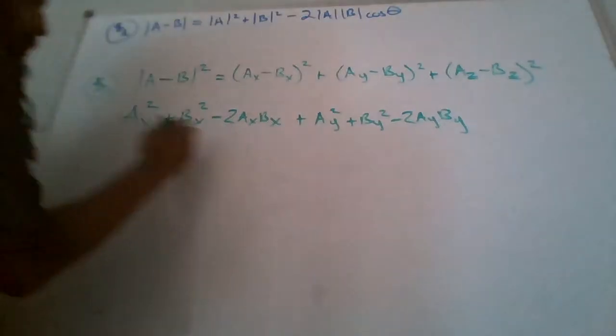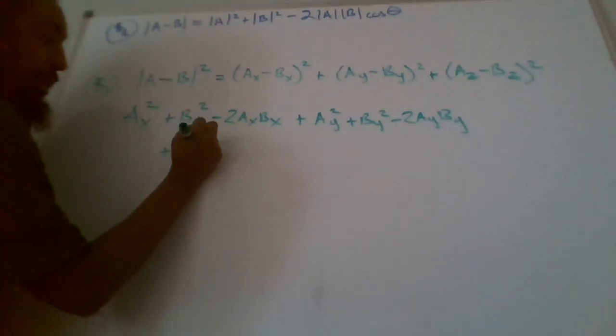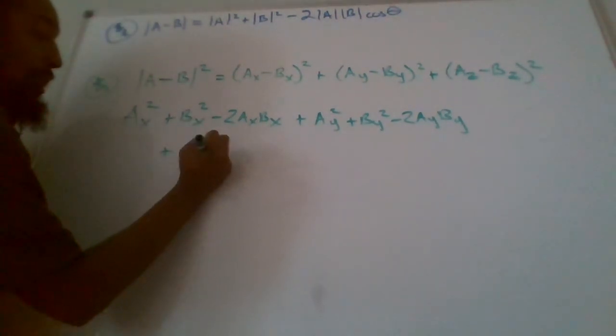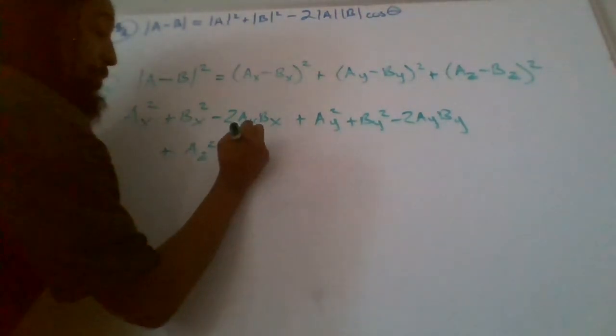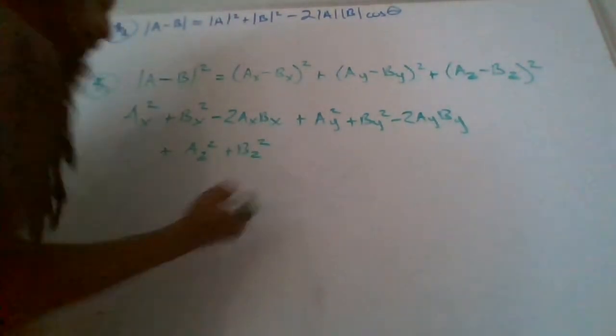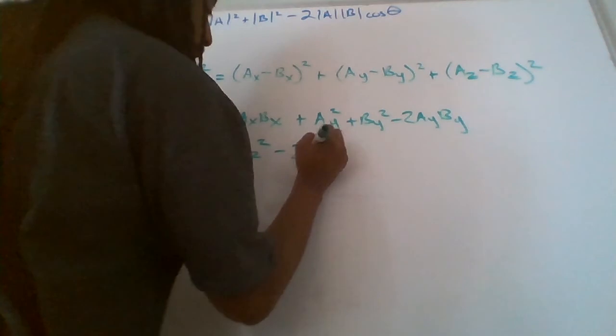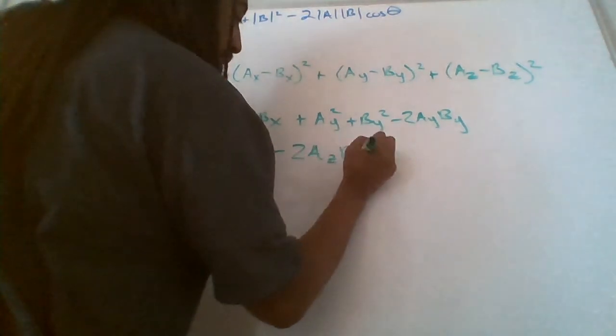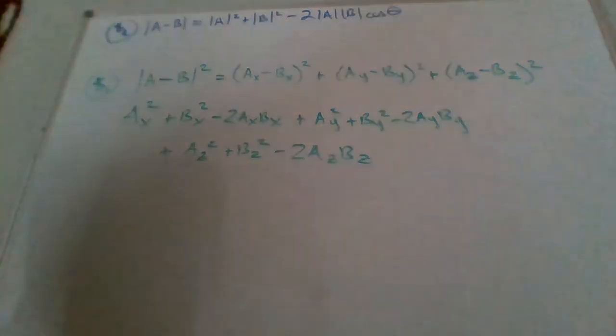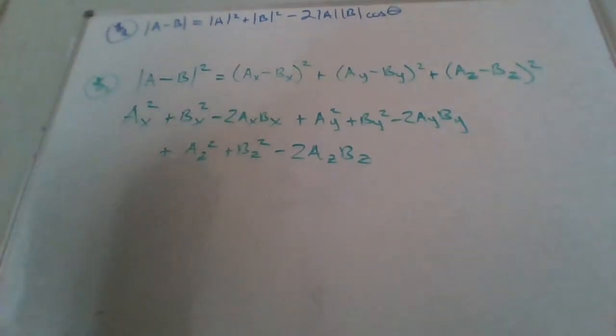Same thing with this one, I'll write it here. Plus az squared plus bz squared minus 2az bz. Bz, like Beazle. Shout out to Biggie.